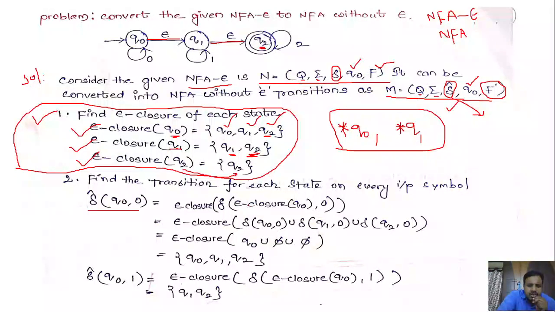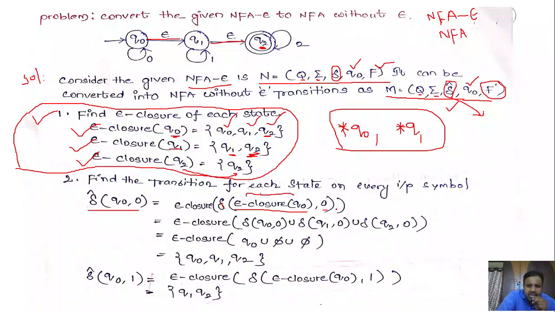First calculate the epsilon closure of Q0. After that, perform the transition between the resultant closure and the input symbol. After getting the epsilon closure, you perform the transition on the input symbol.